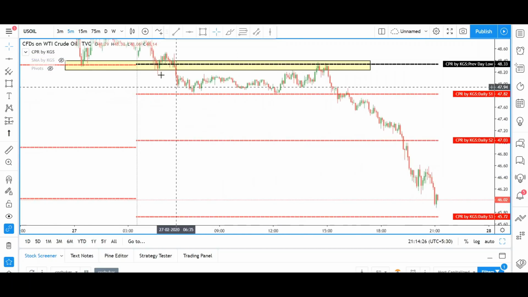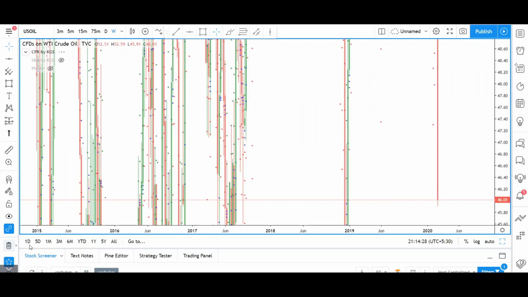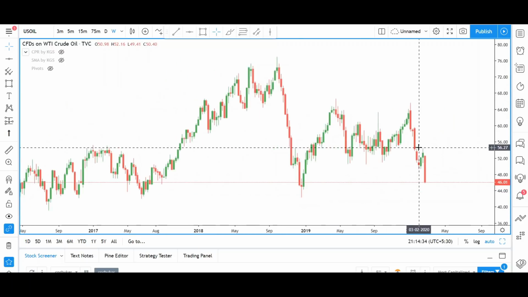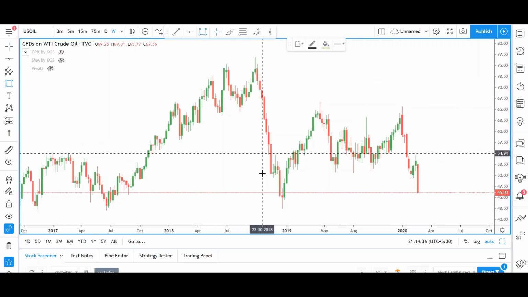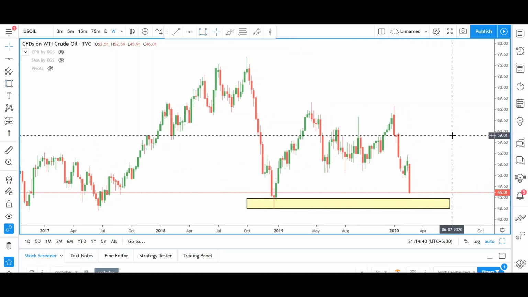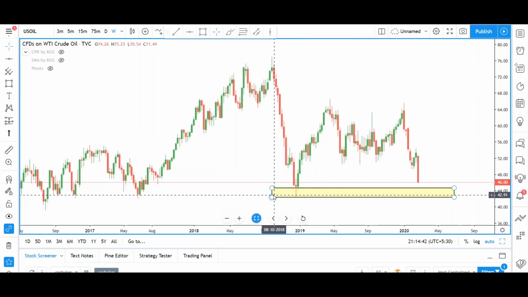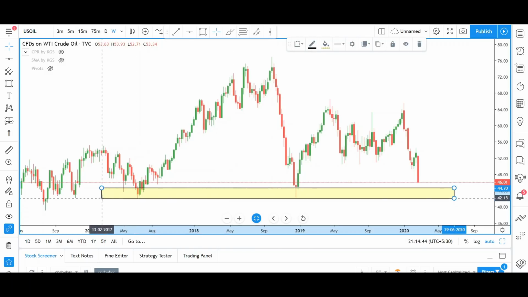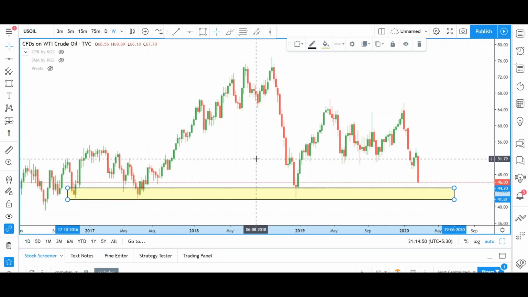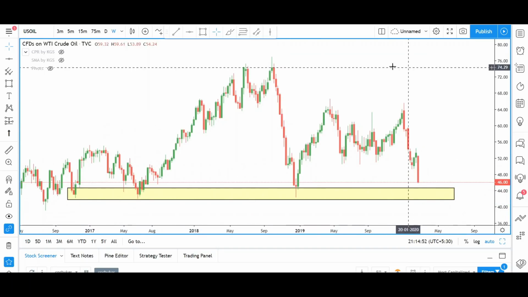Clear? So according to the weekly chart, crude oil has a higher probability of reaching this particular support level. This is a multi-year support.